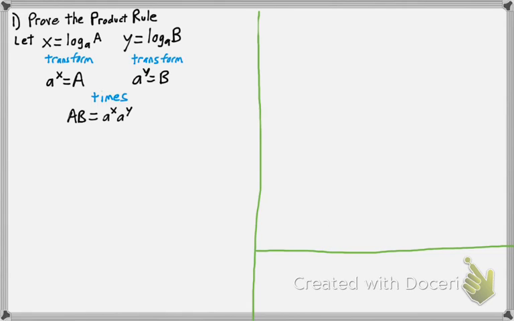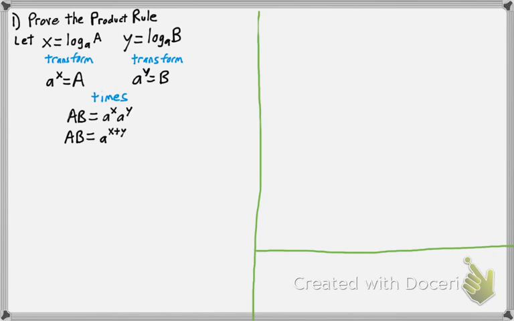So I've just multiplied my two equations together. Then the left hand side is going to stay the same, but the right hand side, those are both lowercase a, which means they're the same base, which means you can combine them and you need to add the exponents. So that would be a raised to the x plus y.